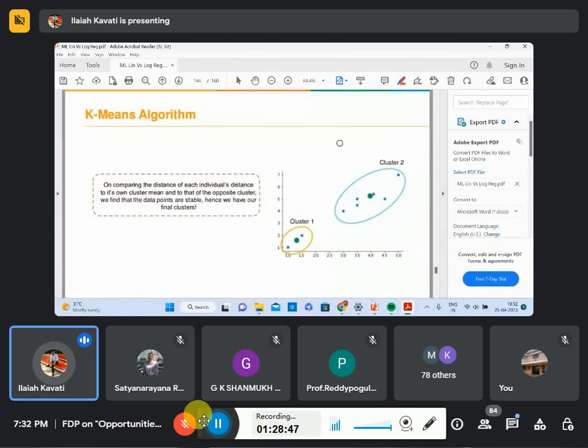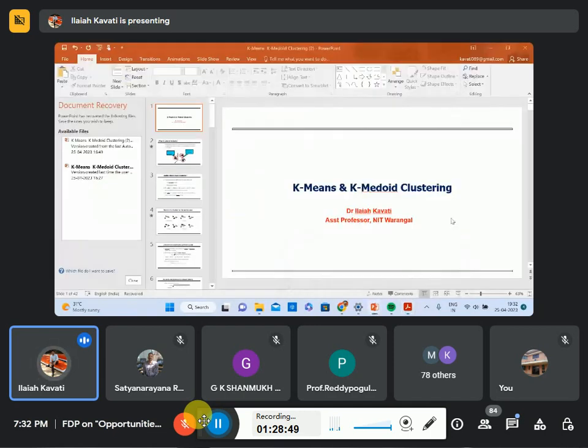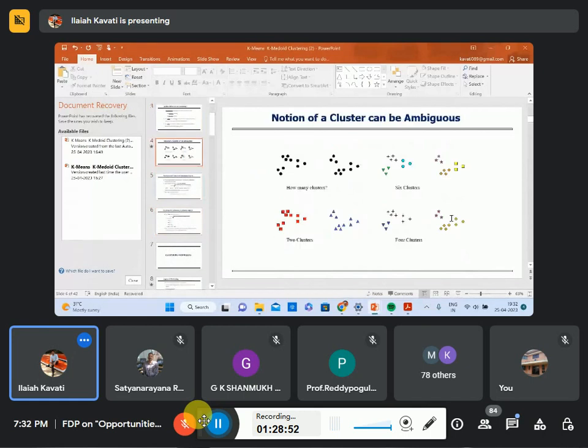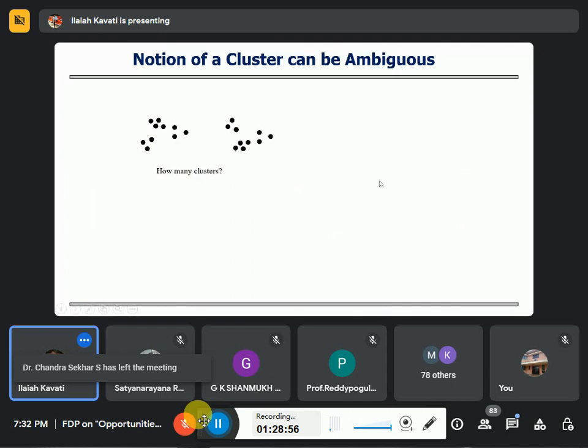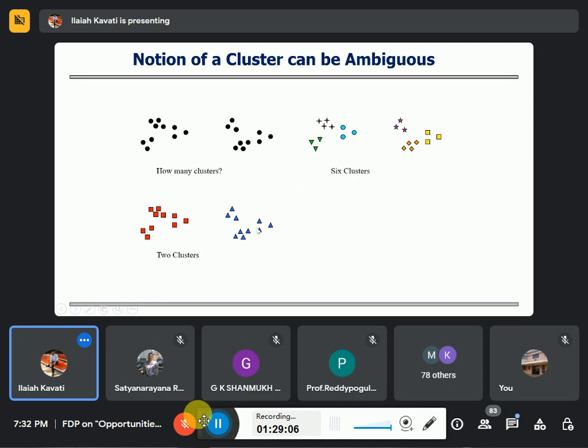If you fix the K value, I'll show you one example. Suppose for this data, how many clusters? Suppose these are the data items. If K value is 2, this red one is in one cluster, right, and this is in another cluster. But suppose K value is 6.